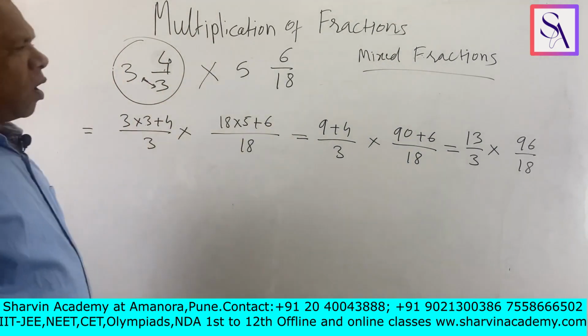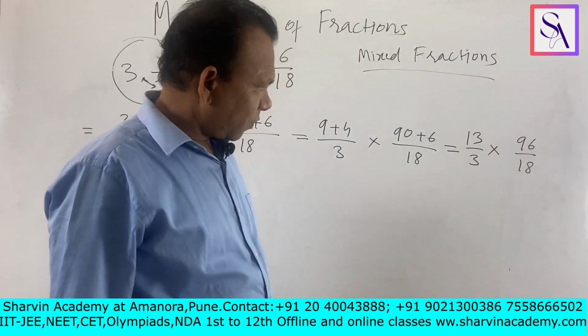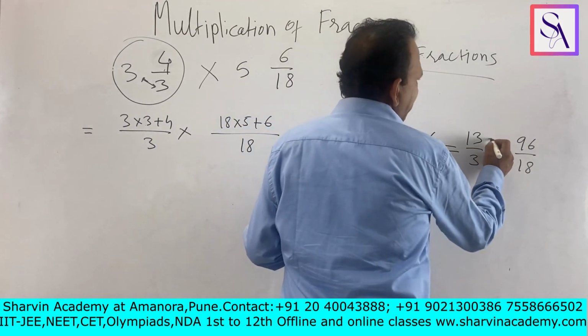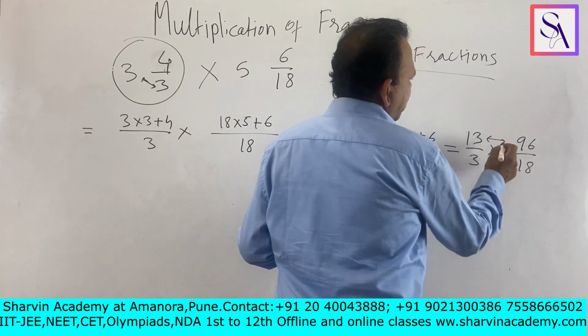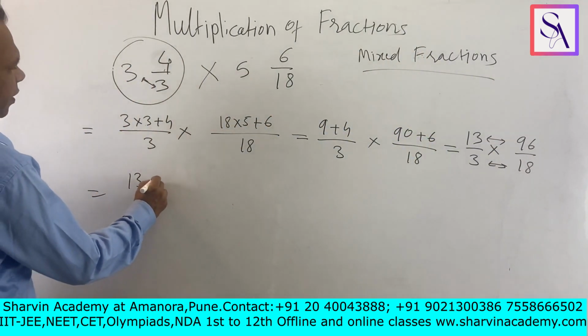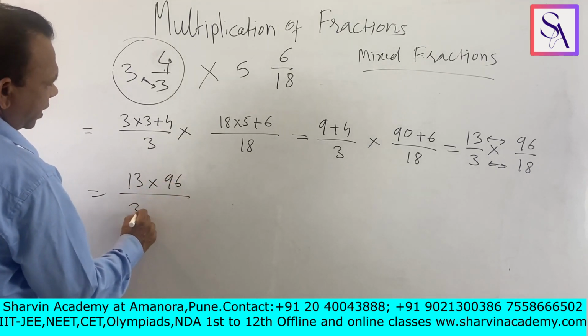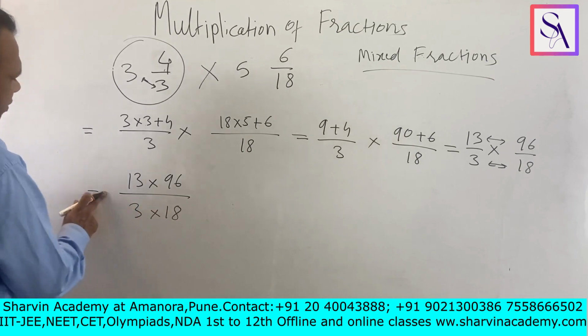Now we need to solve this, 13 by 3 into 96 by 18. So how to solve? Direct multiplication. So 13 into 96 divided by 3 into 18.